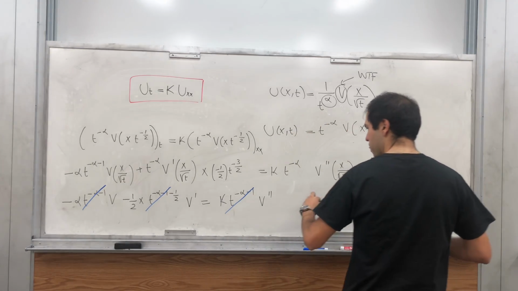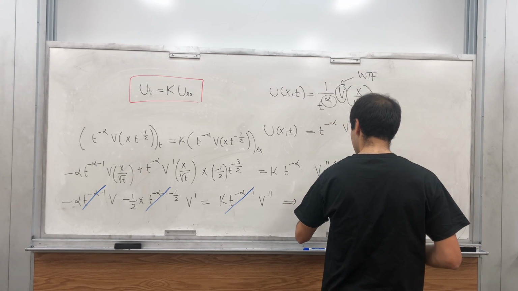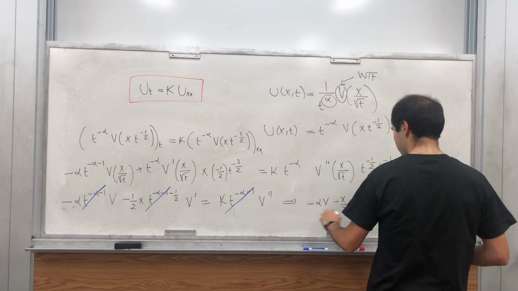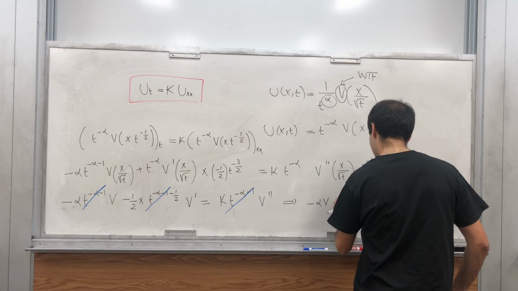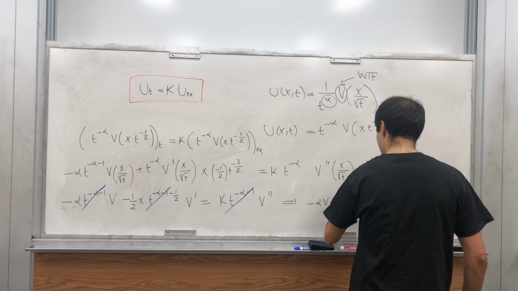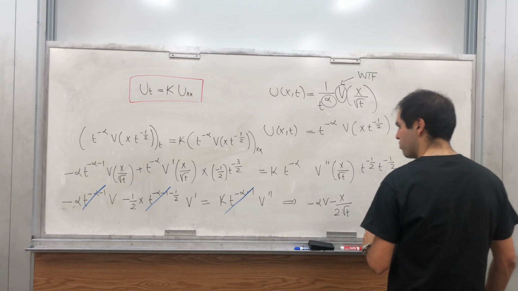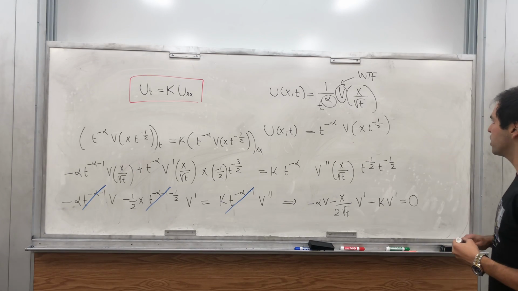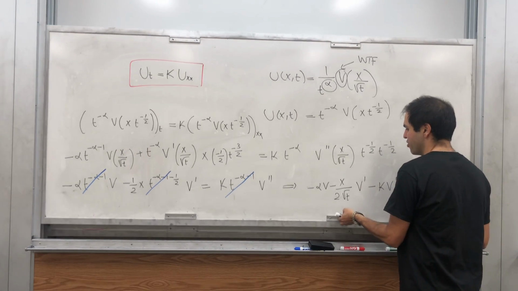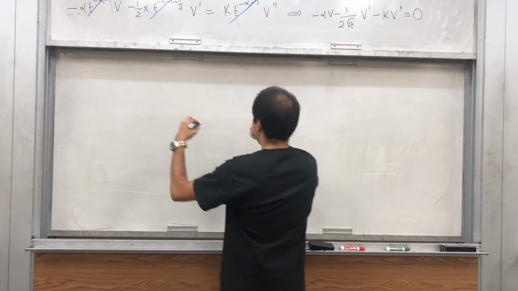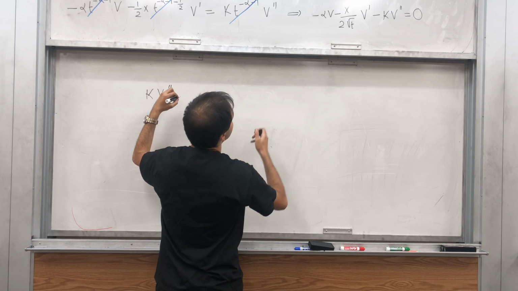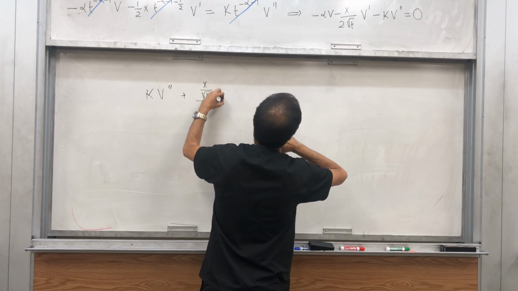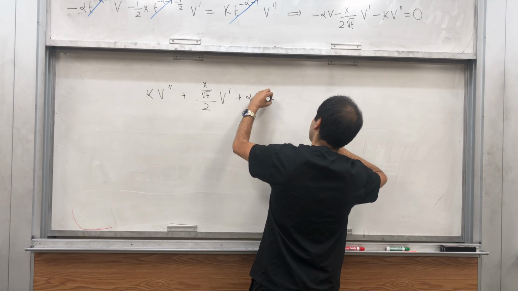We're left with minus alpha v minus x over 2 square root of t v prime minus k v double prime equals 0, which if you want, you can write with positive terms: k v double prime plus x over square root of t over 2 v prime plus alpha v equals 0.